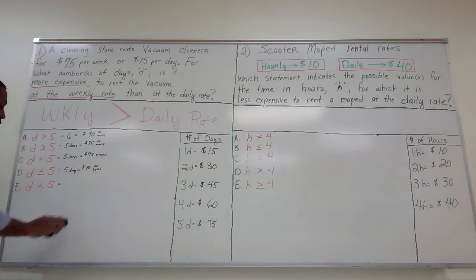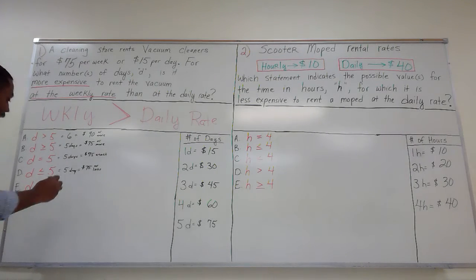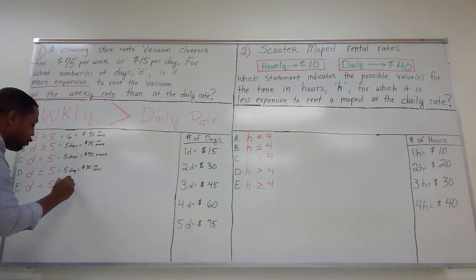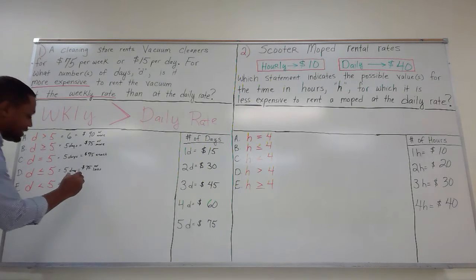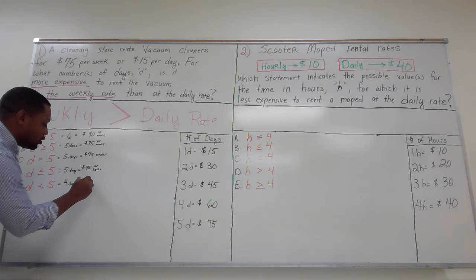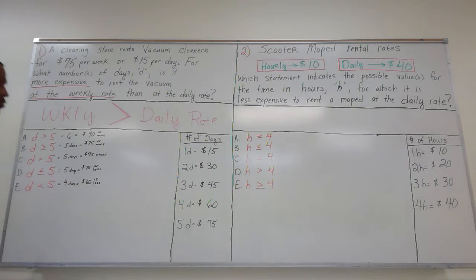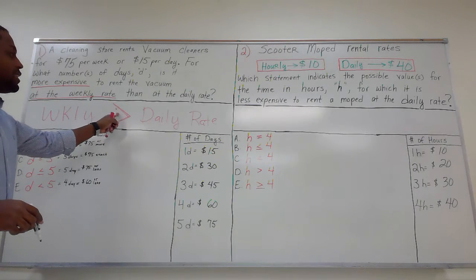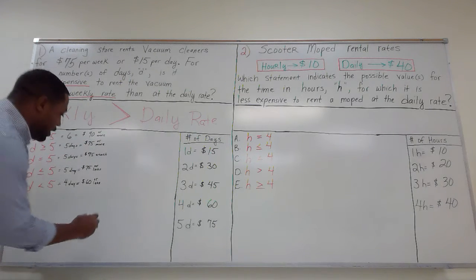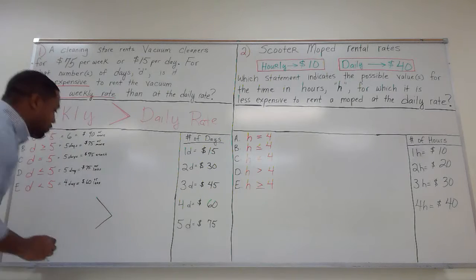Actually, less than 5 would be at the very most 4 days, so that would be $60 or less. Now we have all of our daily options set out, and I'm going to take this inequality sign and bring it down here.